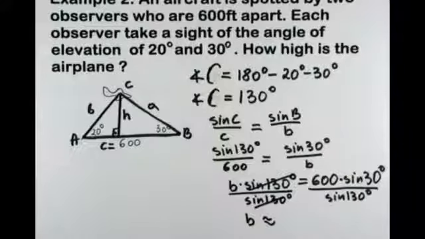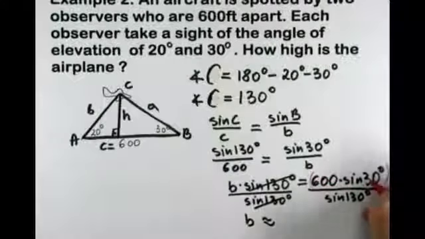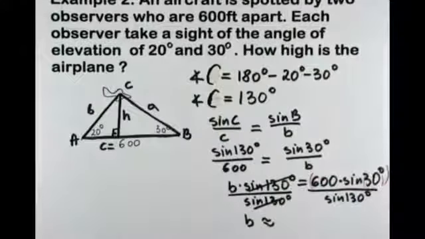make sure you put the brackets. So we have 600 times sine 30 degrees divided by sine 130 degrees.